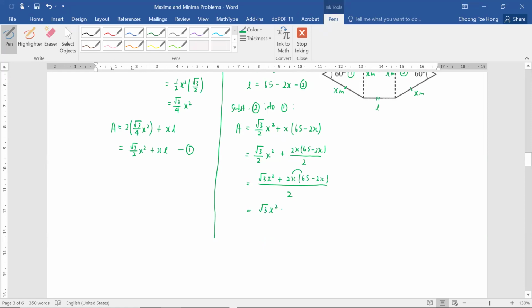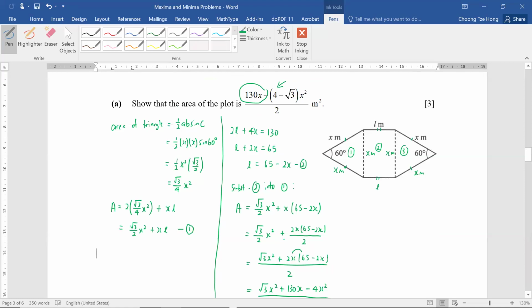So square root 3 x squared plus 130x minus 4x squared, over 2. We're going to put the 130x in front because that's what they want, and then group the x squared terms together: negative 4x squared plus square root 3 x squared, over 2. And you can see that we are almost there already, the form that they want.